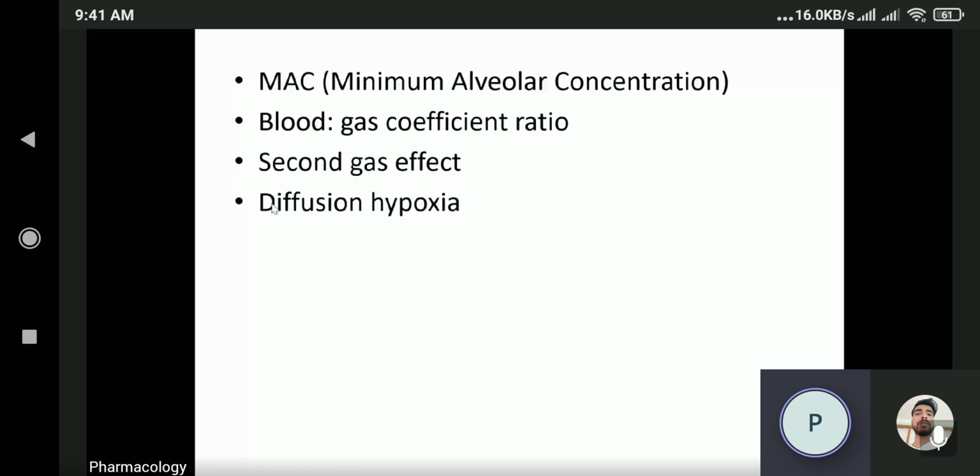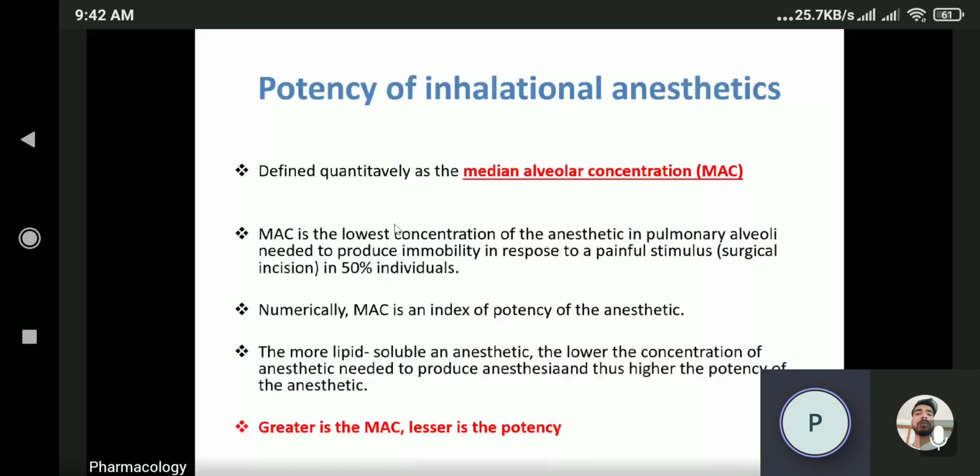Okay, so coming first to the minimum or median alveolar concentration, the MAC value. If you remember your general pharmacology classes, there was a thing called the potency of drugs. The same thing, the potency, when applied to inhalational general anesthetic drugs, is called the median alveolar concentration.